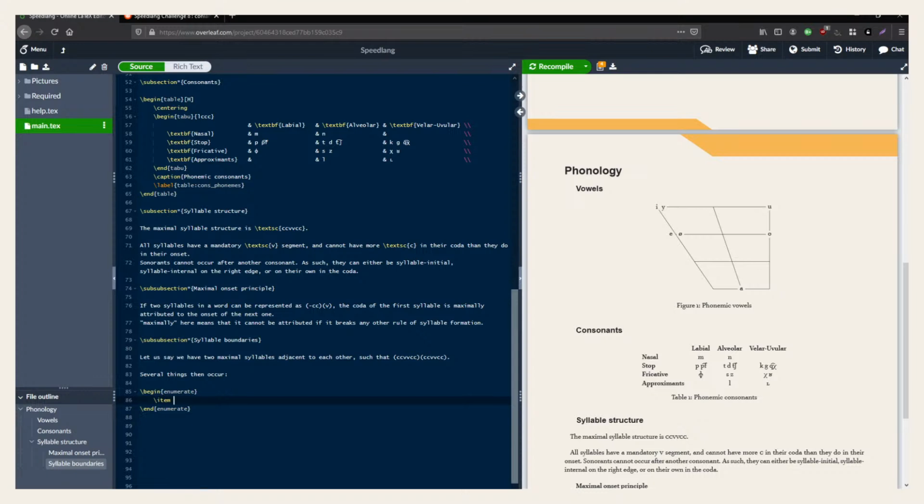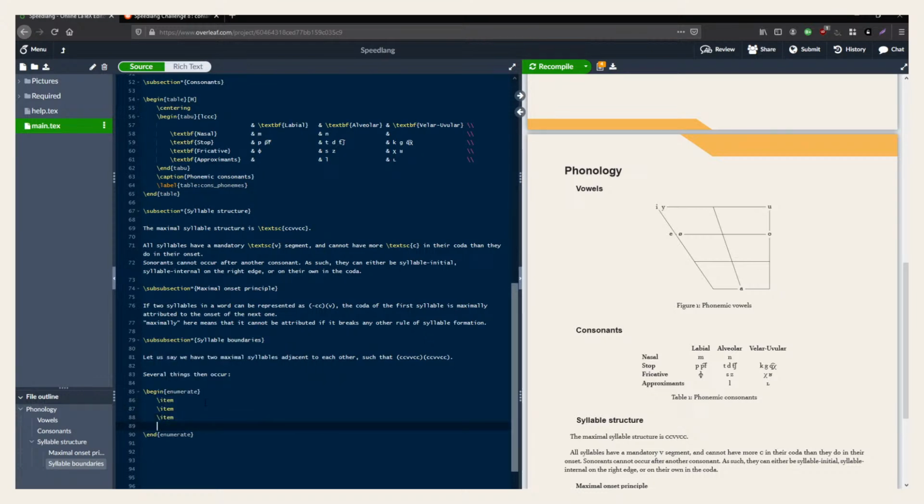Oops, there we go. I need at least 4, I think. So first thing that occurs is going to be, let's see, first some assimilation.